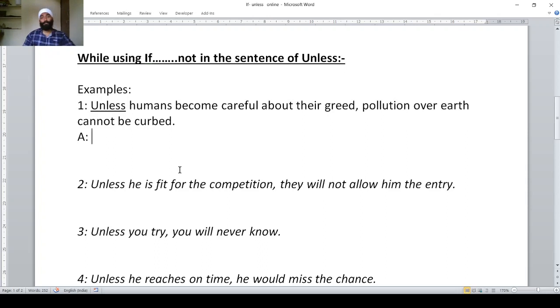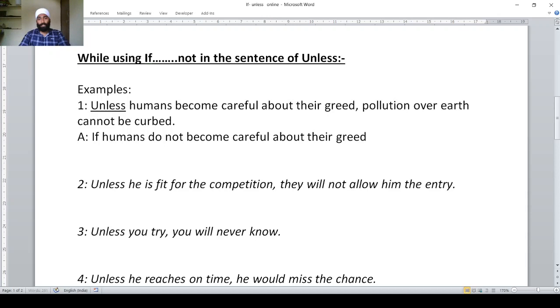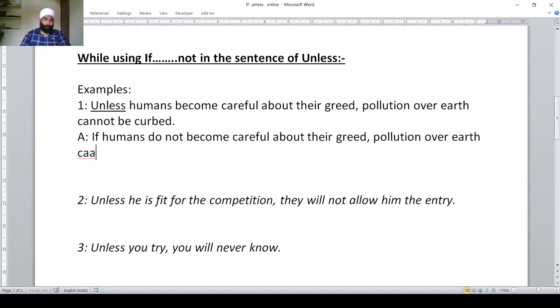Let us see the change of this sentence. Unless humans become careful about their greed. See, the given sentence is in simple present tense. If humans do not become careful about their greed, comma, you have to use as it is, pollution over earth cannot be curbed.